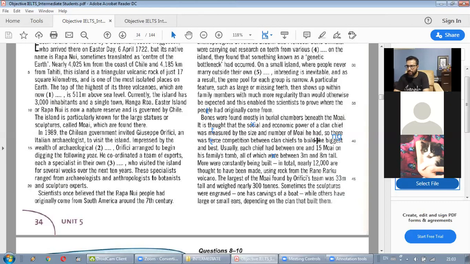There was fierce competition, the biggest, and so on. But the burial chambers are not related to anything about the differences between the clans. They just mentioned that there were bones in the burial chambers. After that, they skipped talking about burial chambers altogether, and they started talking about the Maui themselves. Do you see the trick here?